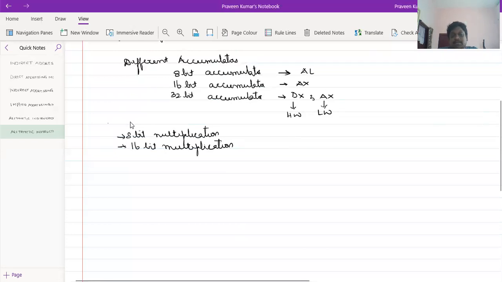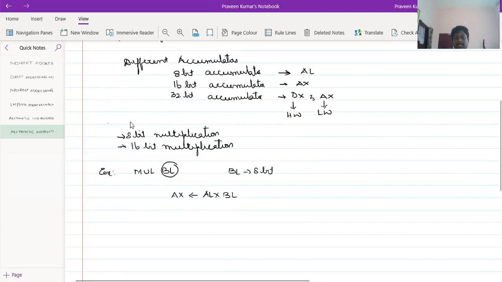Now we will go with the exact example of MUL BL. What does this say? The moment I give MUL BL, BL is an 8-bit register. So the 8-bit accumulator AL will be multiplied with BL, and the result will be stored in the AX register. Why am I saying it is AX?